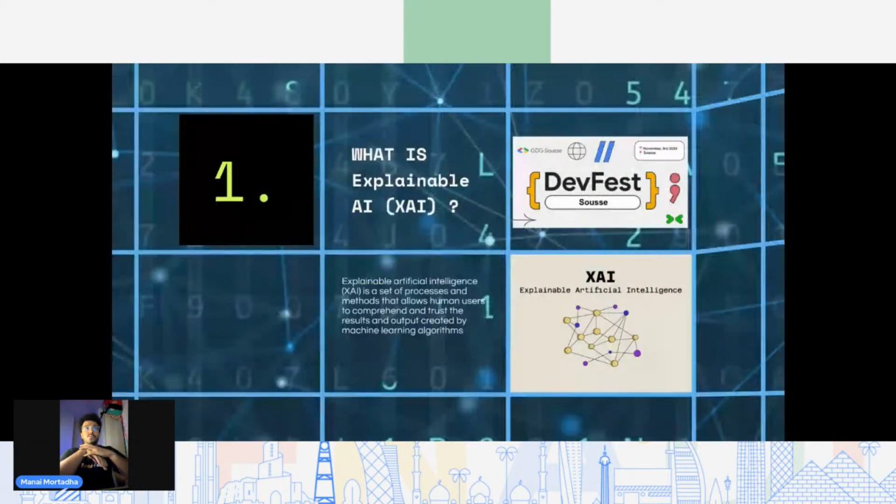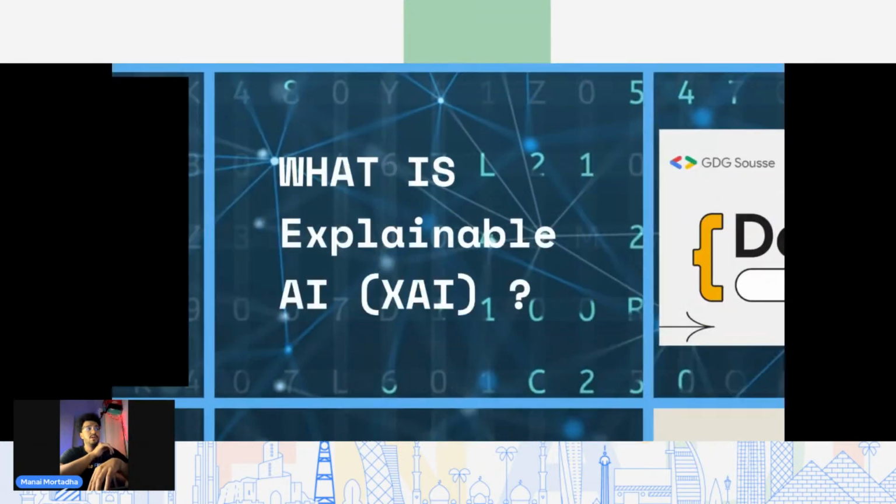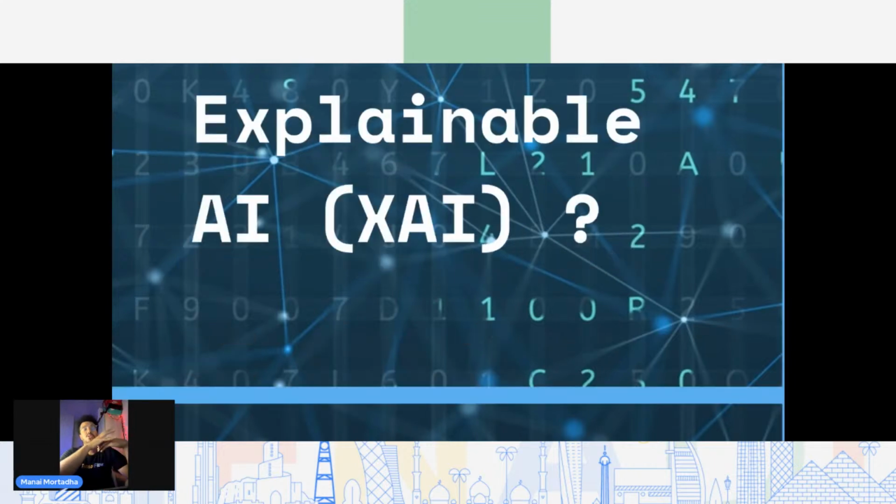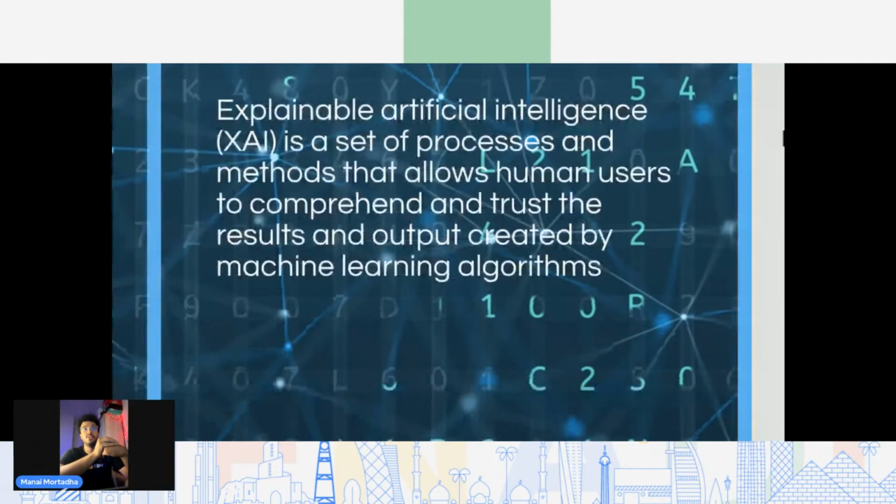As a start, we are going to talk more about explainable artificial intelligence. Explainable artificial intelligence is a set of processes and methods that allow humans, and by humans I mean us, the users of the explainable AI models, engineers or developers, to build the bridge of trust between me and my model.